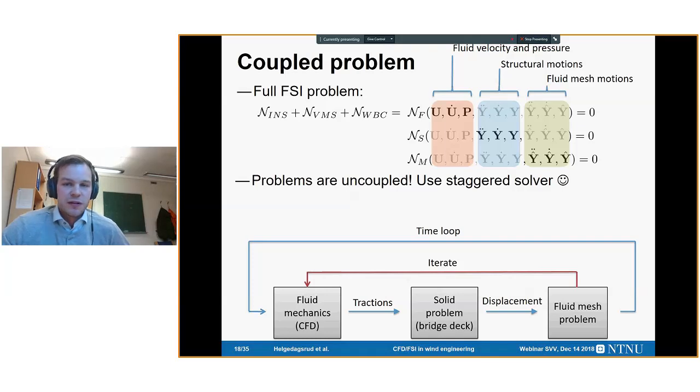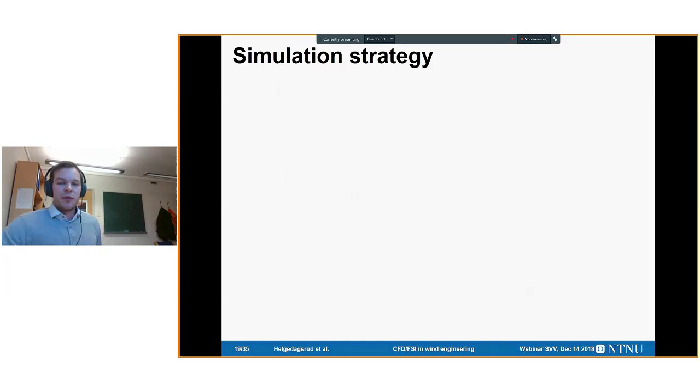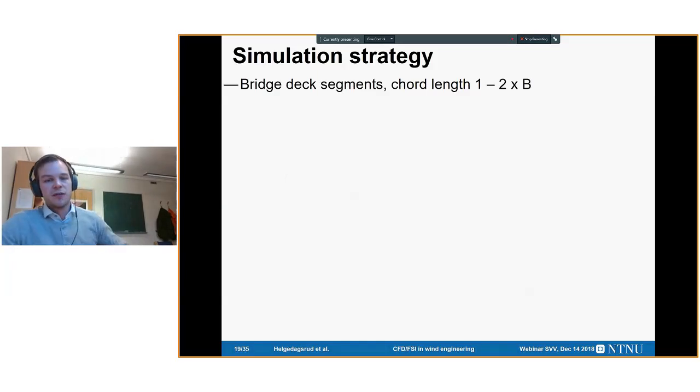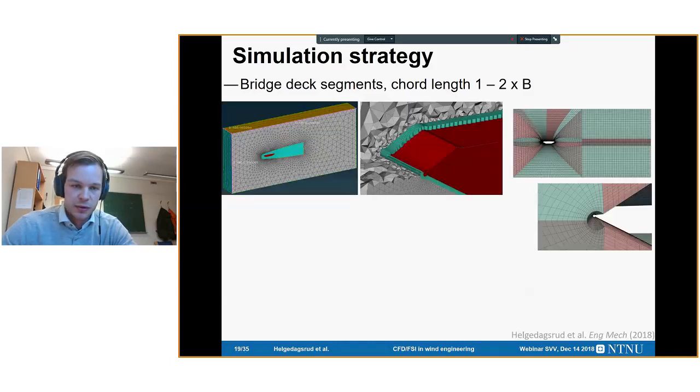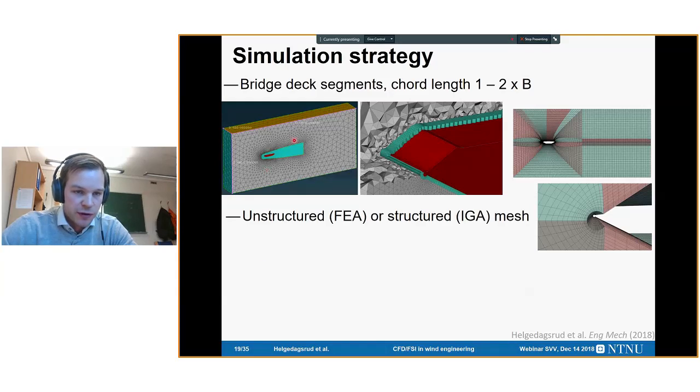For the simulations, we typically test bridge deck segments 1 to 2 times wider than the width of the deck. So it may look like this. This is some of our first meshes. It's finite elements, linear tets, and both are for the Hardanger.